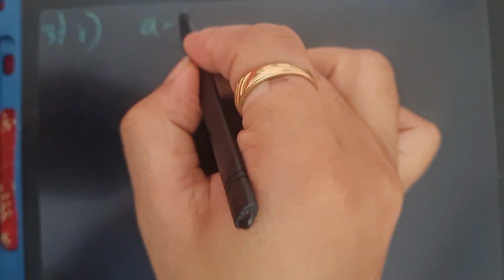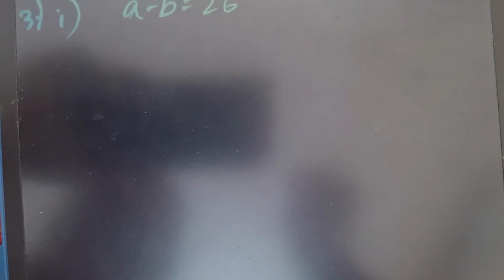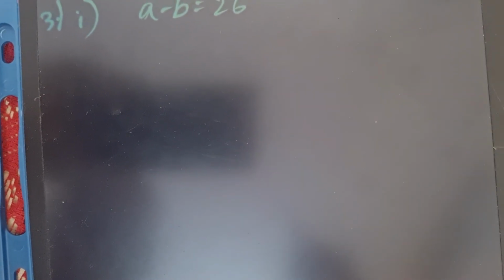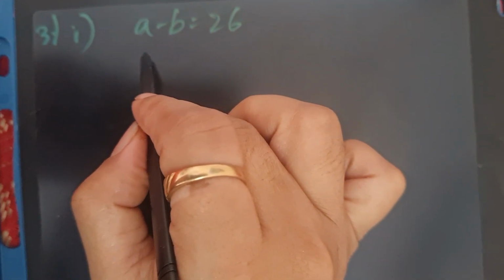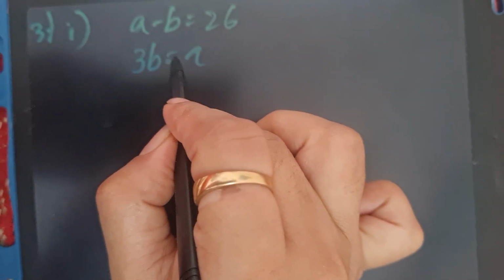First is the difference between two numbers is 26. So let's say a and b are those two numbers. So a minus b is 26, and one number is 3 times the other number. So let's say a is equal to 3b.